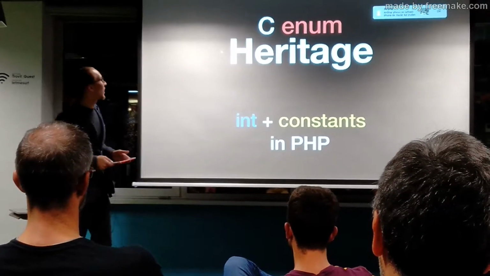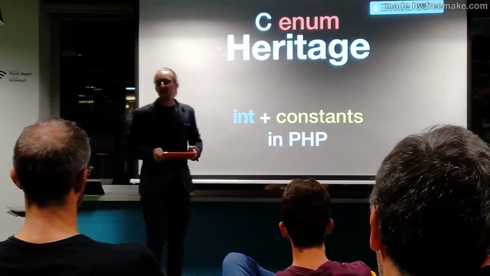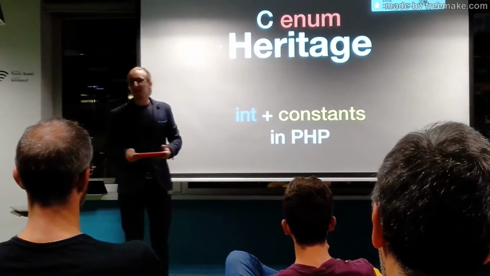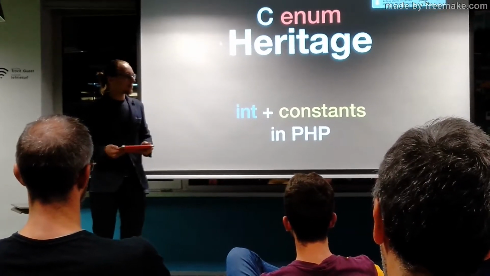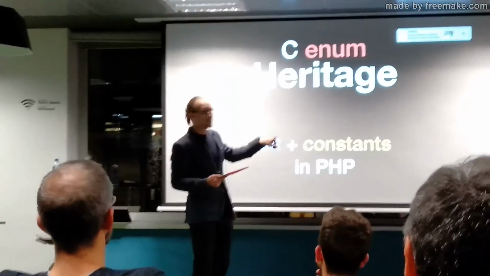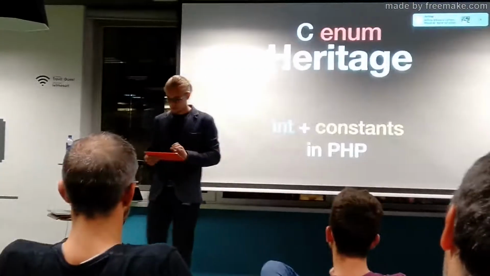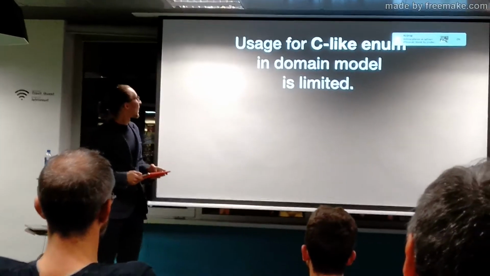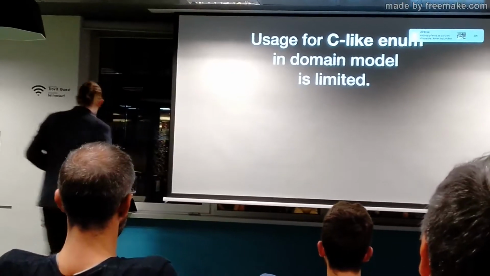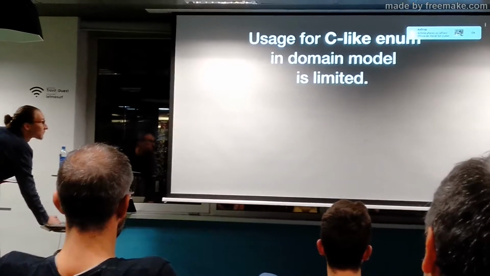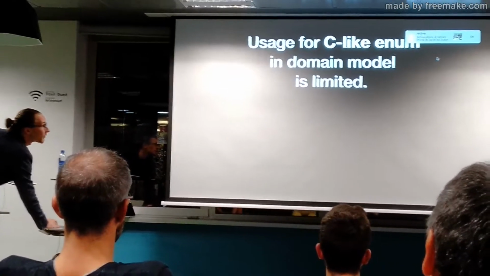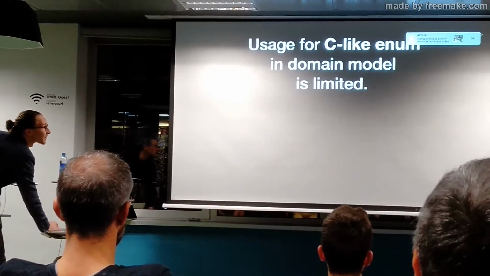So in PHP we have the C enum heritage, and we have to deal with it. The standard equivalent of enum from C in PHP is integer and constants. And this C-like enum is quite limited.